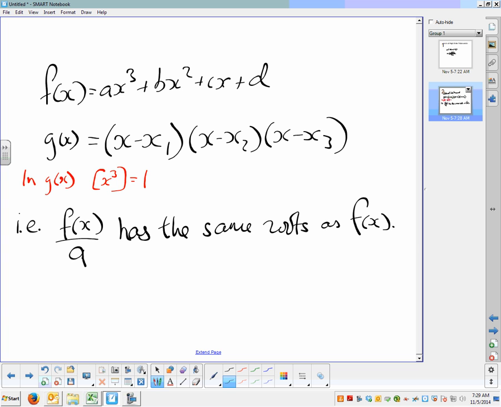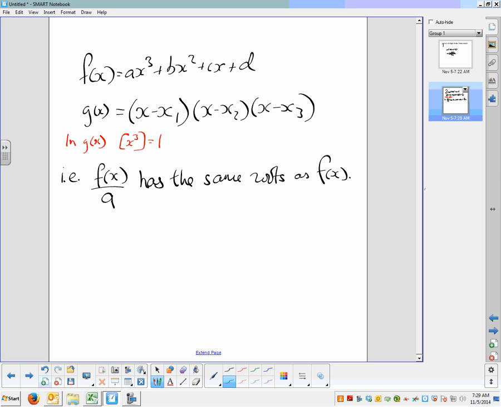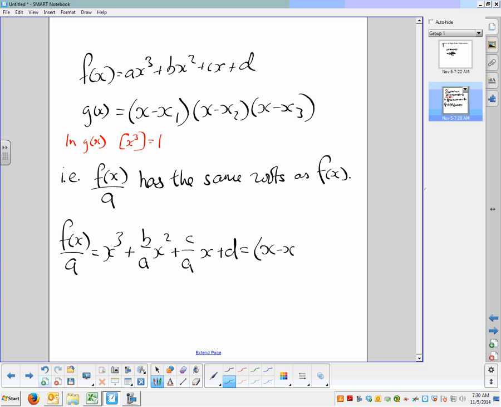So I'm going to write f of x over a is equal to x cubed plus b over a, x squared plus c over a, x plus d over a, and I'm going to set that equal to G. Those two things I'm going to say are the same.